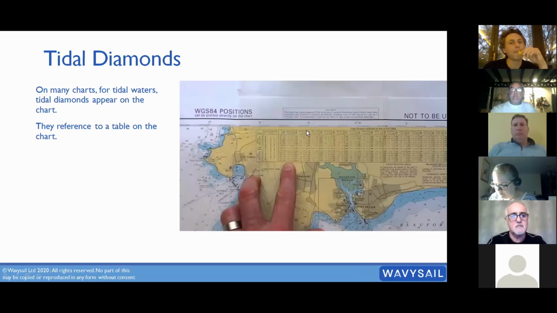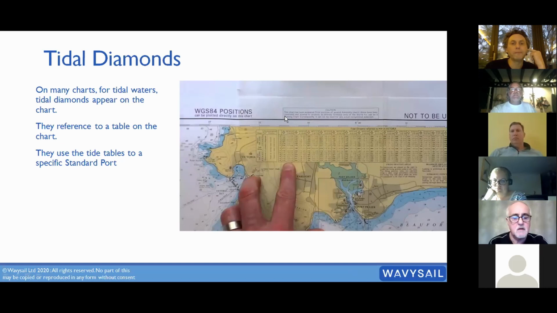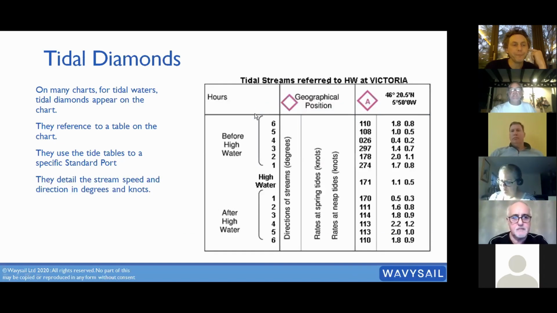Each tidal diamond has its own little line of information, and these reference a specific standard port. So for instance, this picture here references Victoria. It's tidal diamond A, and it gives you the latitude and longitude of where it is.